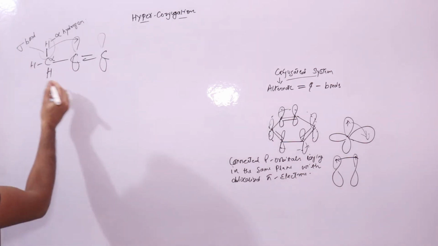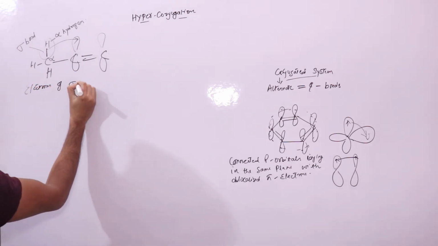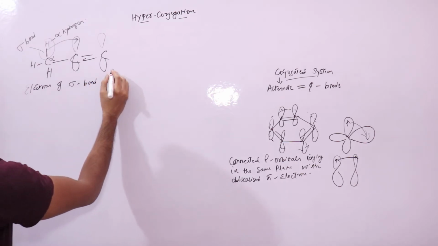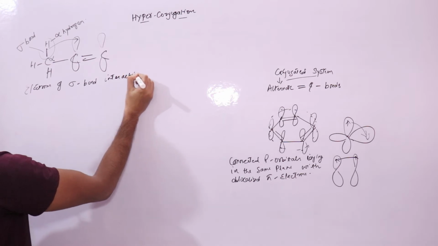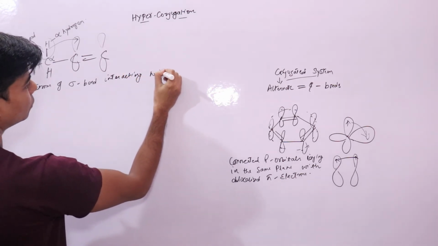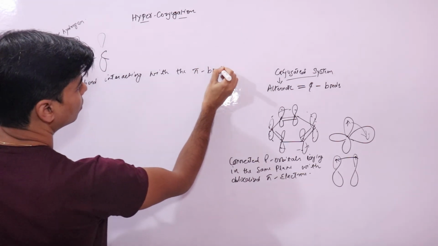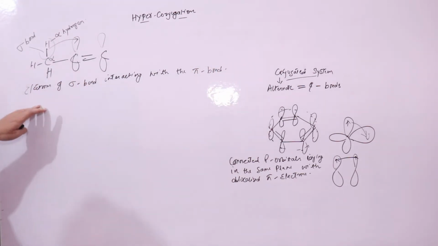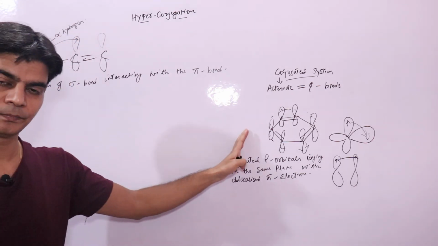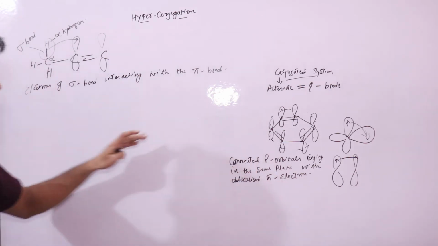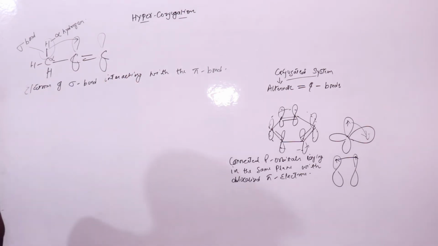This is similar to conjugation but a little different, because here we have a sigma bond and a pi bond interacting.